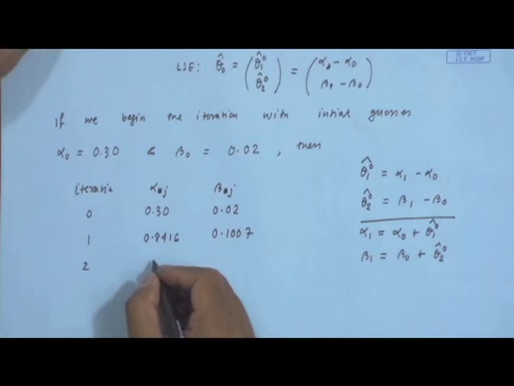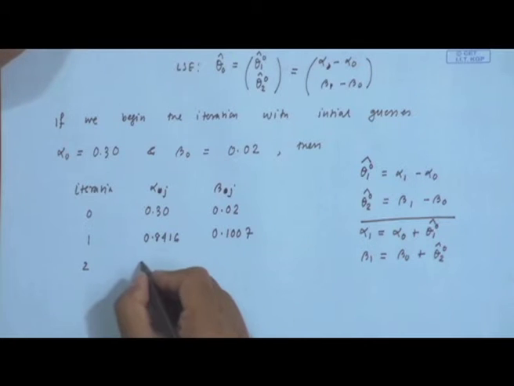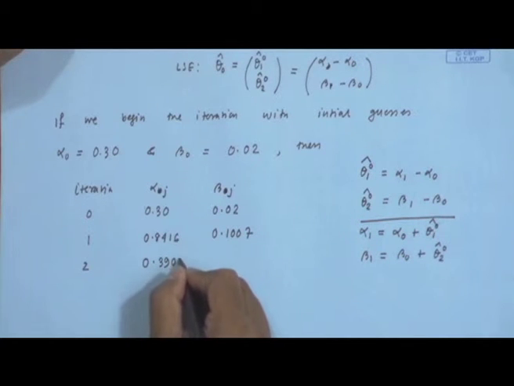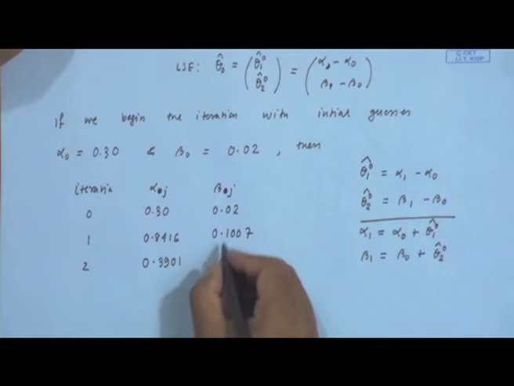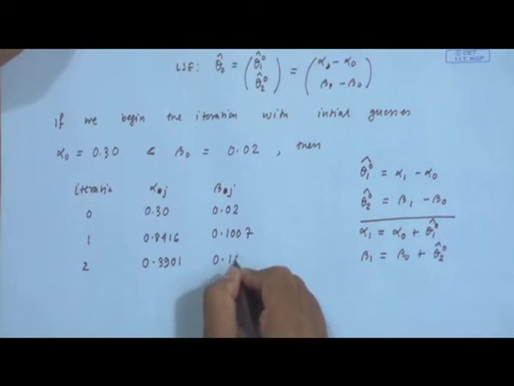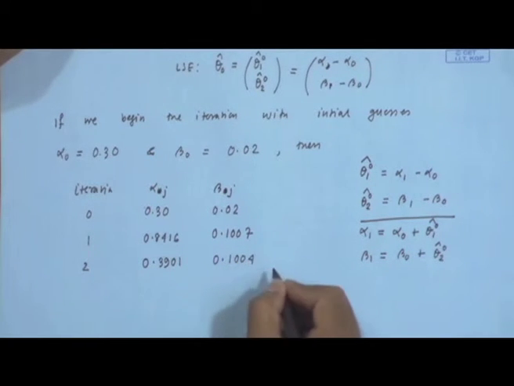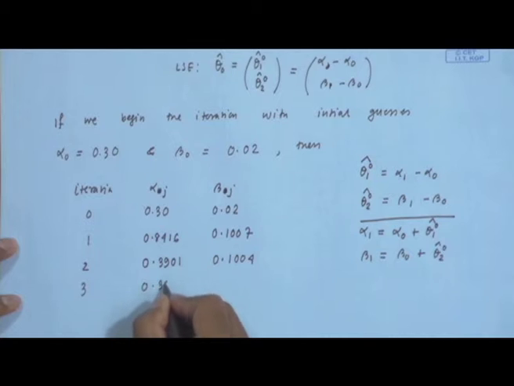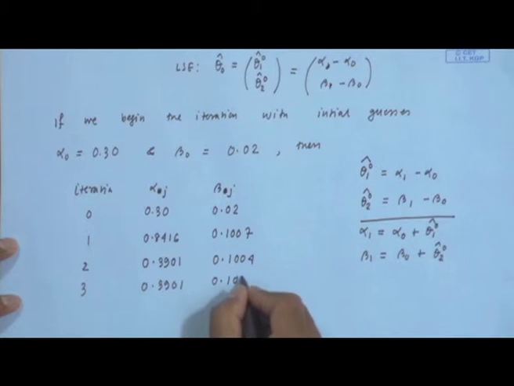I will get, you can check, that the value of alpha 2 will be 0.3901 and beta 2 will be 0.1004. In the third iteration it will be 0.3901 and here it is 0.1016.